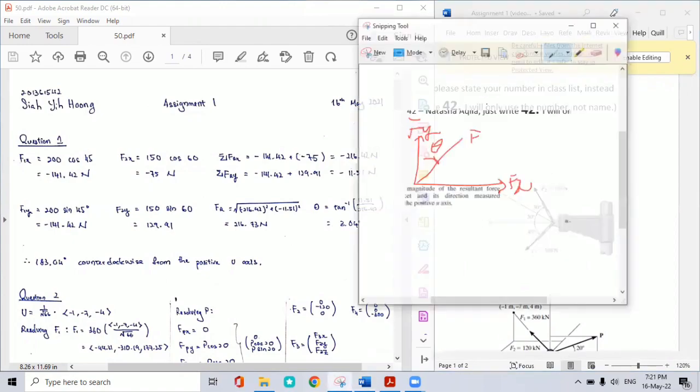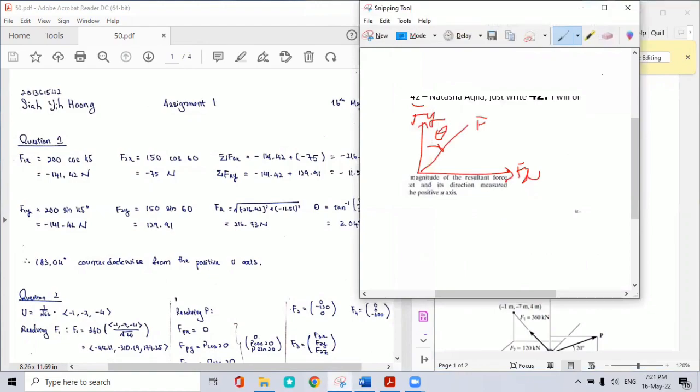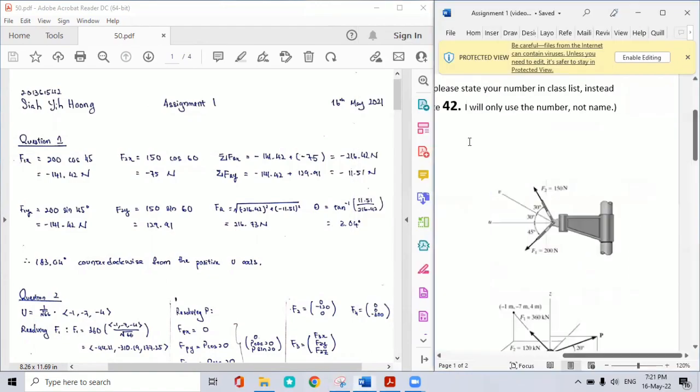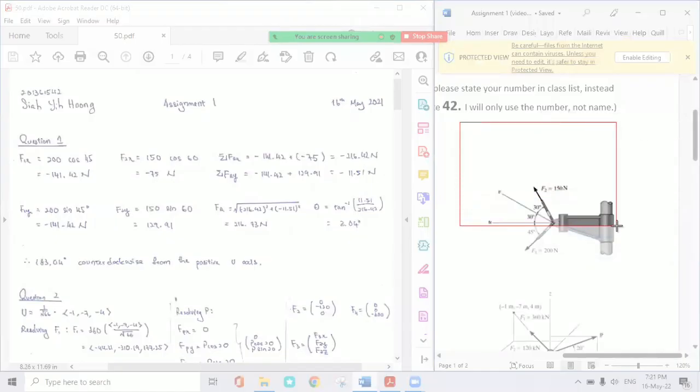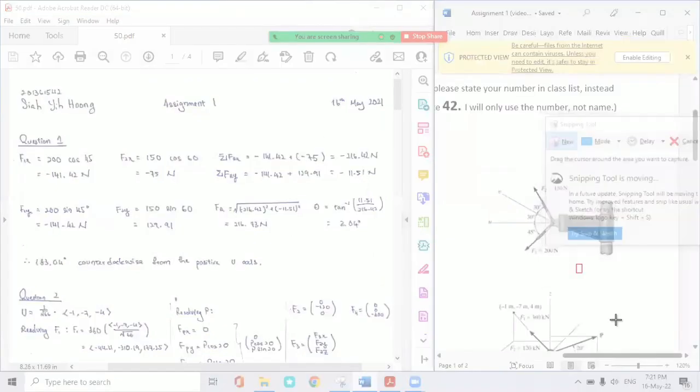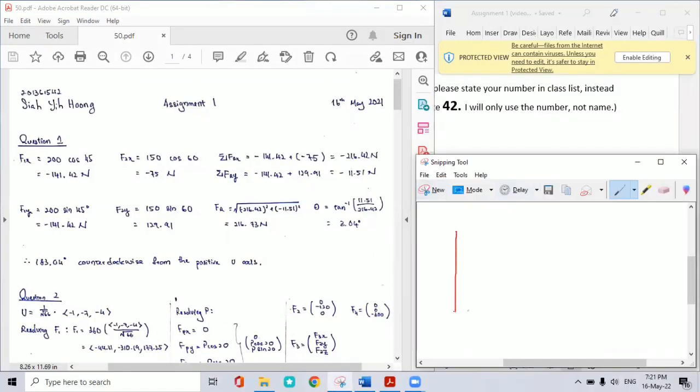Before doing that, we need to know how to calculate by resolving the force. For example, I will need to find Fx and Fy. The question only gives us the force right here and theta.